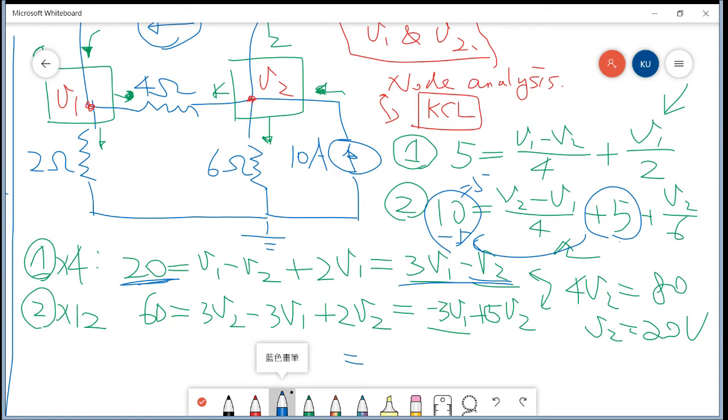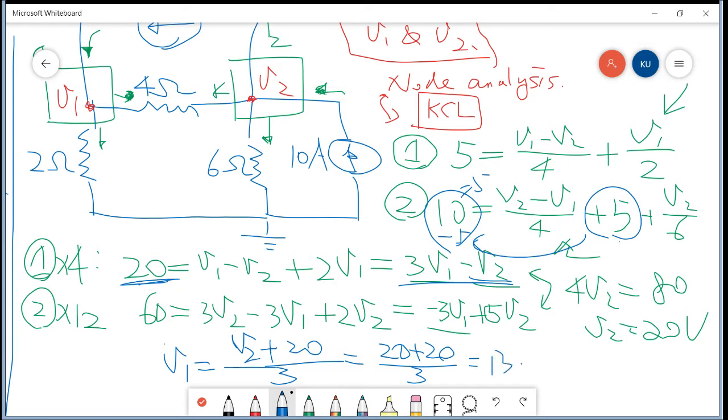So it is V2 plus 20, and then over 3 should be equal to V1. Okay, so V1 will be nothing but 20 plus 20 over 3. So 40 over 3 is 13.3 volts.